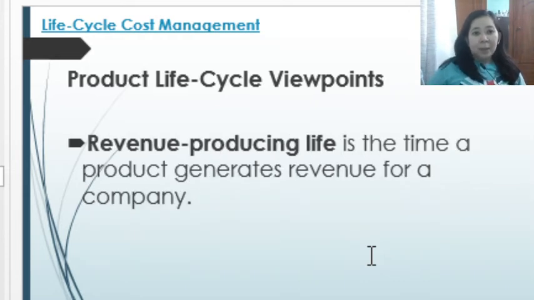What about revenue producing life? This term is normally the time a product generates revenue for the company. This is why it's called the revenue producing life, because there are stages of the product life cycle in which the product still exists, but it does not generate revenue anymore. Instead, it incurs losses.